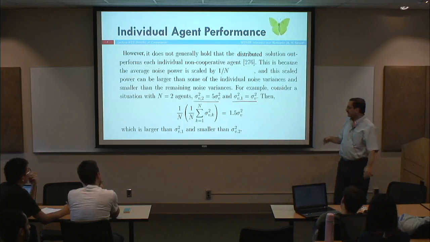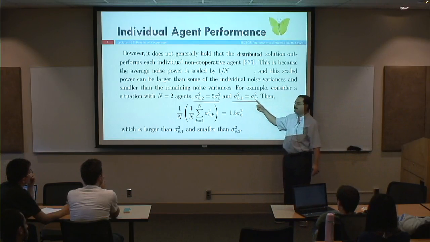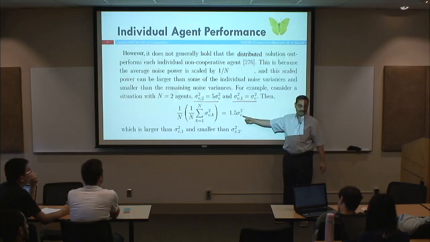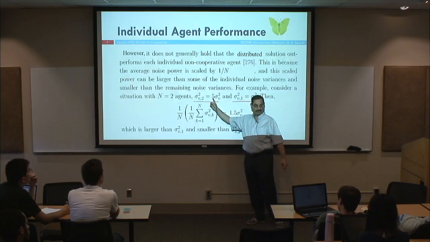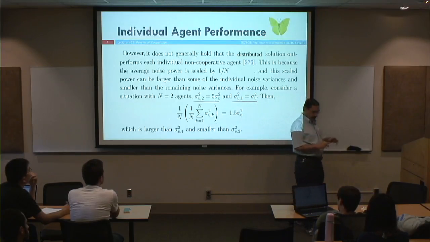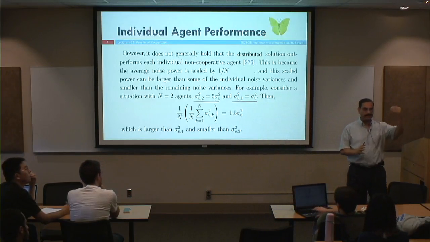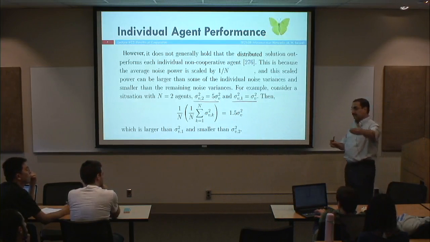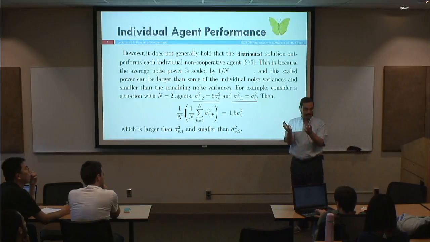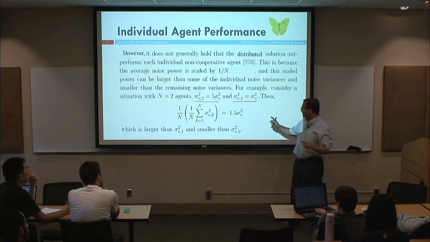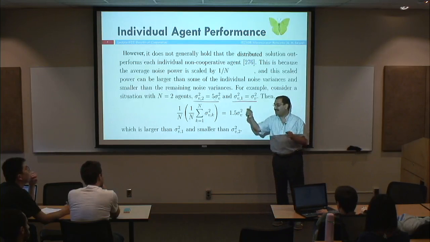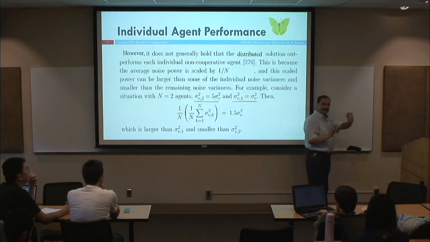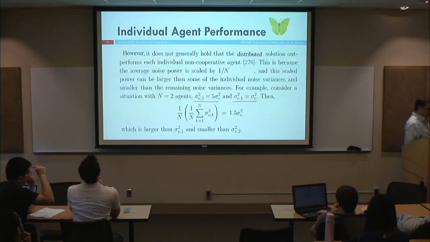The performance at node 1 will be proportional to sigma v squared, which is better. At node 2, it will be worse. So this is an example where, even though the network performs as well as the centralized solution, better than the average non-cooperative solution, you don't necessarily perform better than each individual agent. The same problem we had before with the centralized solution, okay?